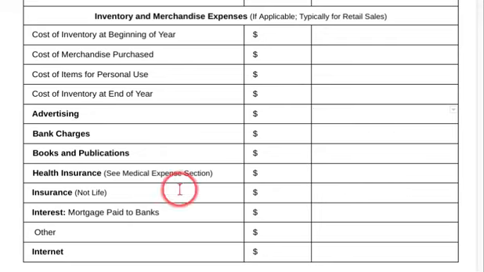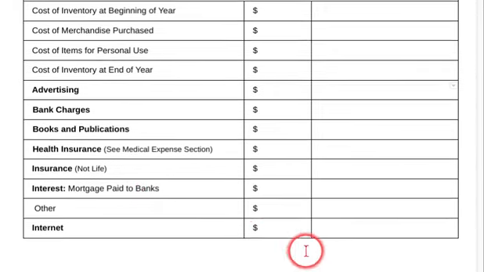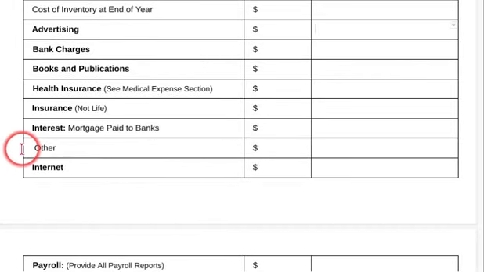Any interest, mortgage paid to banks, so any kind of interest on mortgage will go here. And then any other kind of interest, you can name it and put it here. But it has to be pertaining to that business.